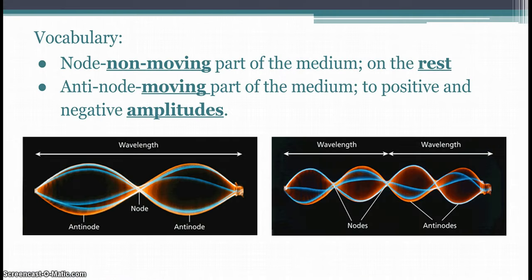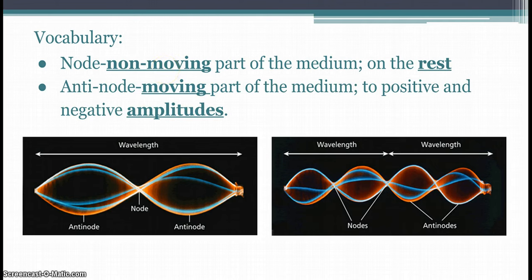So going back to the notes, we have two diagrams, and they're both standing waves. One's just showing over a shorter period of time, one's showing over a longer period of time. And so here, if you look, all of the areas where the energy wave is basically crossing over the rest line, so it's not moving matter from its resting position, that is called a node, which is the non-moving part of the medium, and it's located on the rest line.